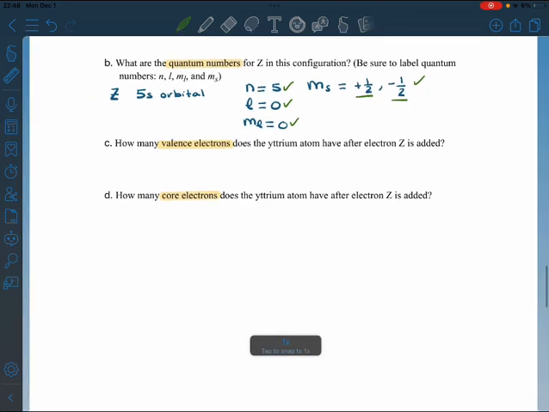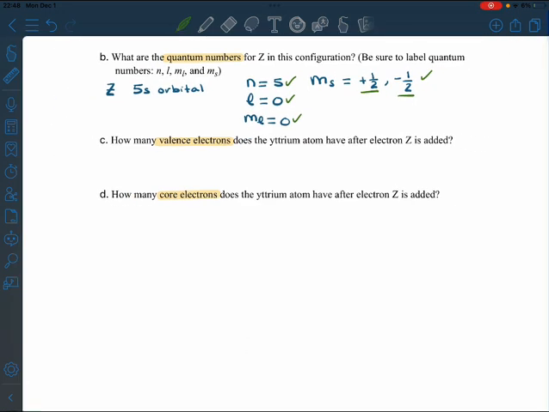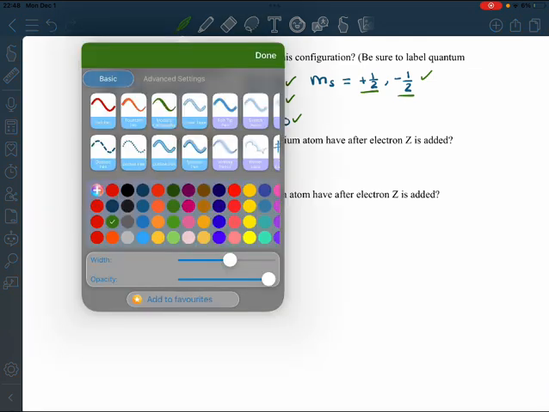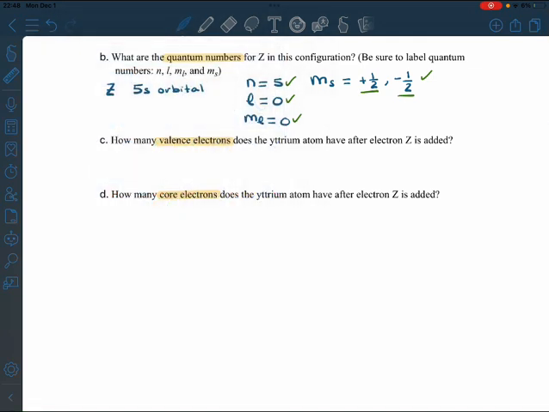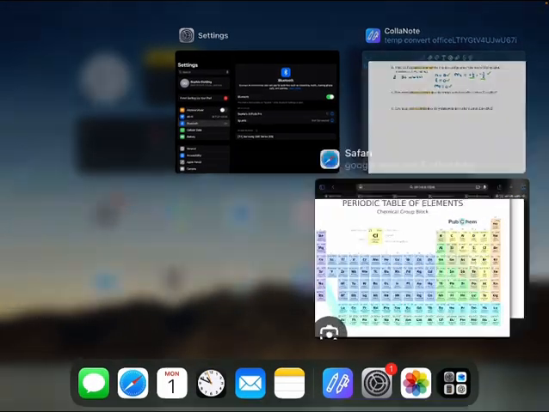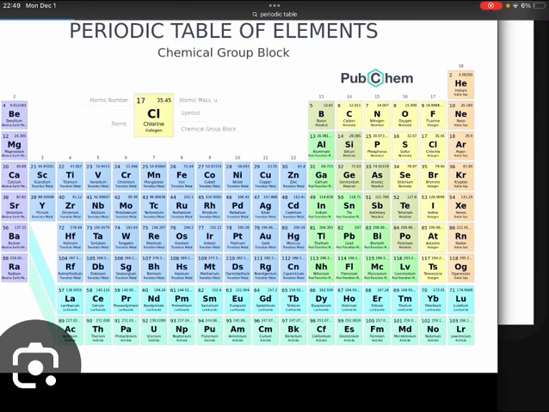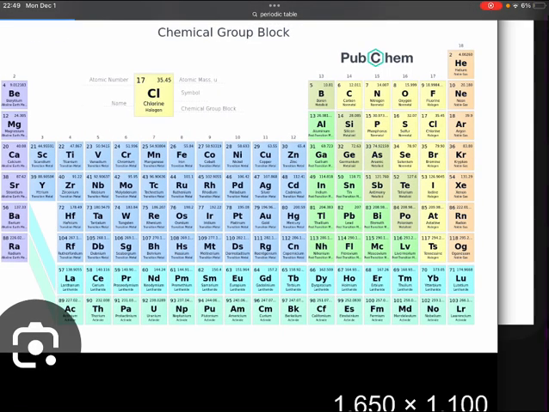Okay, continuing. How many valence electrons did the yttrium atom have after electron Z is added? So I think what's helpful here is we can look at the periodic table of elements, and we can see that krypton would have 8 valence electrons.